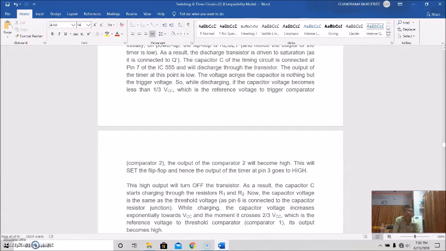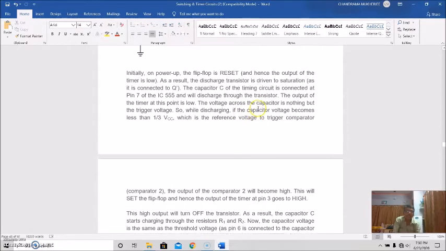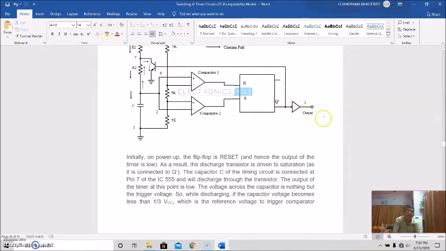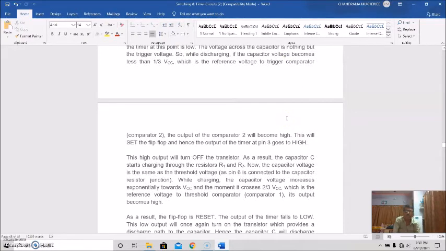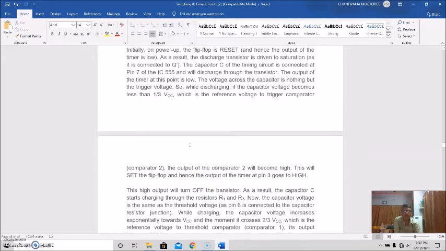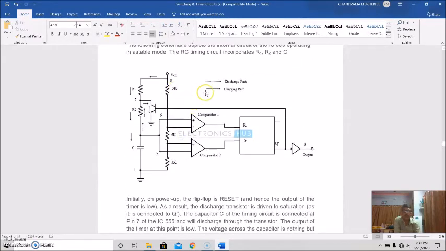Hence the output of the timer at pin 3 goes high. This high output will turn off the transistor, and as a result the capacitor C starts charging through resistors R1 and R2. This is the charging part.